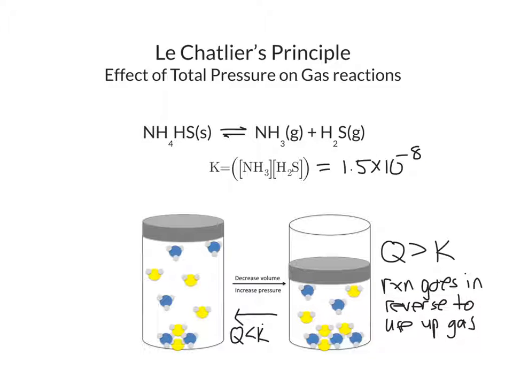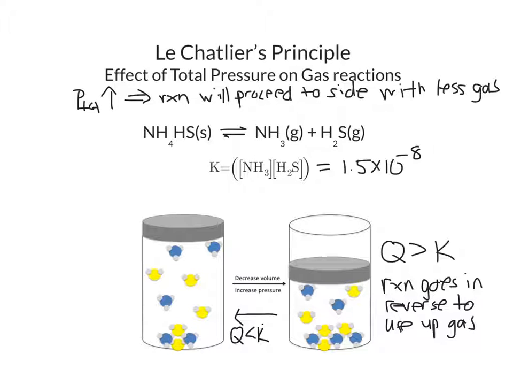So in general, if we increase the total pressure, then the reaction is going to try to counter that by using up that extra pressure, so the reaction will proceed in the direction where there is the least amount of gas.